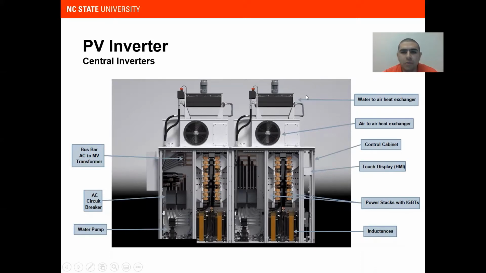Some vendors also provide a cooling system with water or a different element just to clean the power electronics. And the central inverter also has its own AC circuit breaker here.